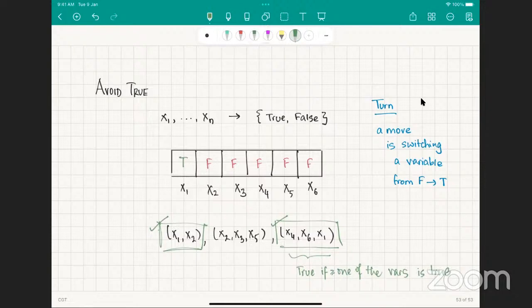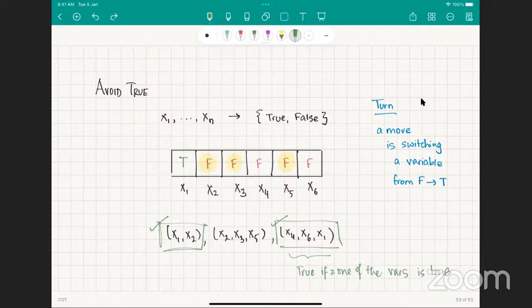And at this point, what does the second player do? The second player knows that setting x2, x3, or x5 would be dangerous because it would satisfy this set here in the middle. And once that set is satisfied, the whole formula is satisfied, like we're basically done, right? And if the second player does make one of those moves, well, then that actually leaves the first player with no moves now, right?